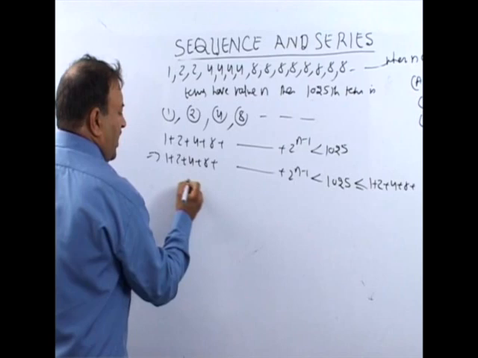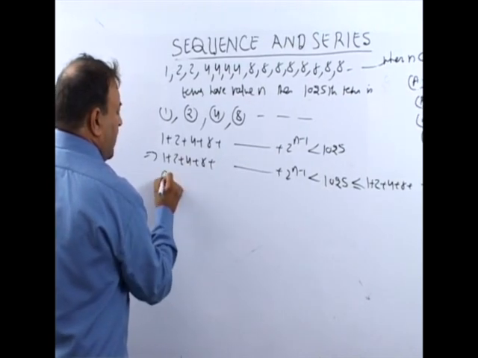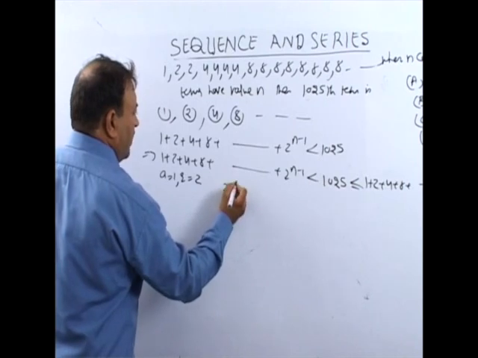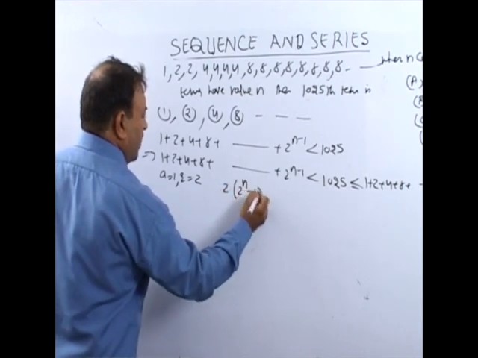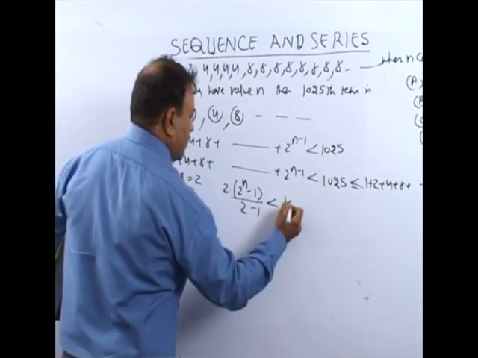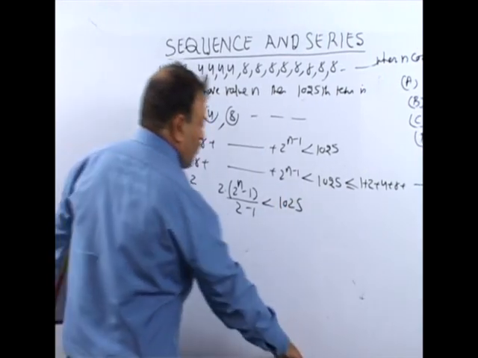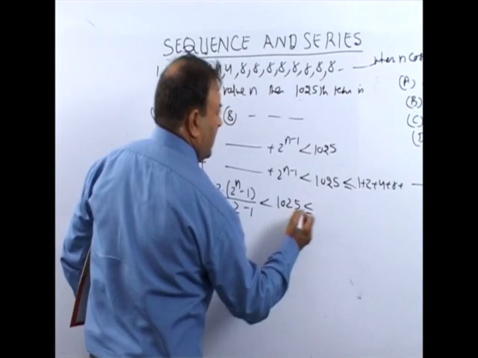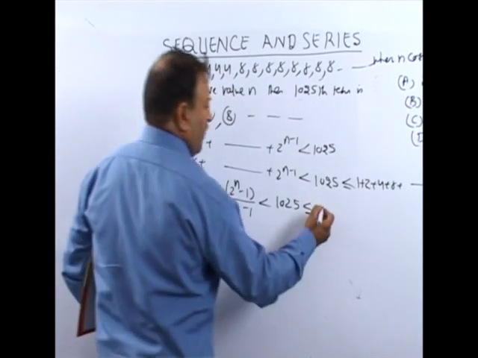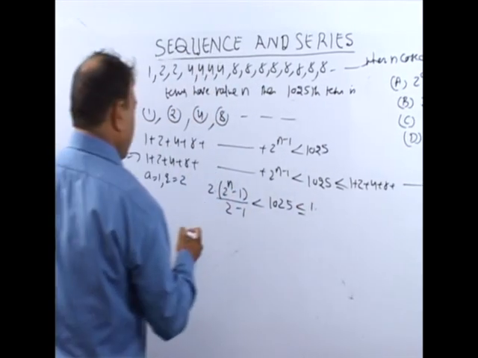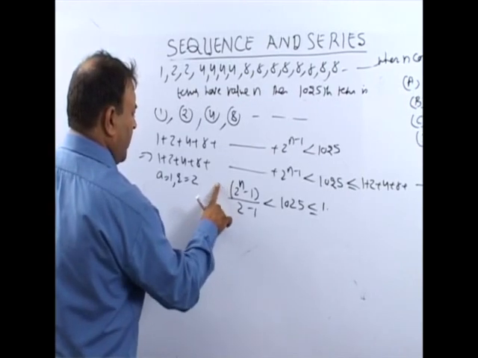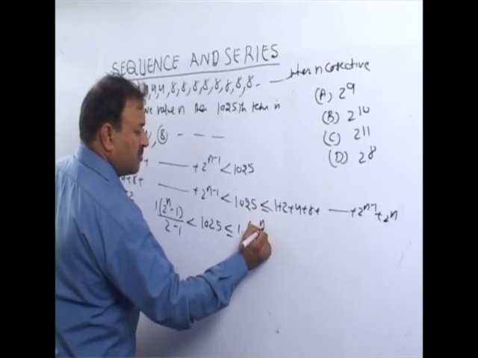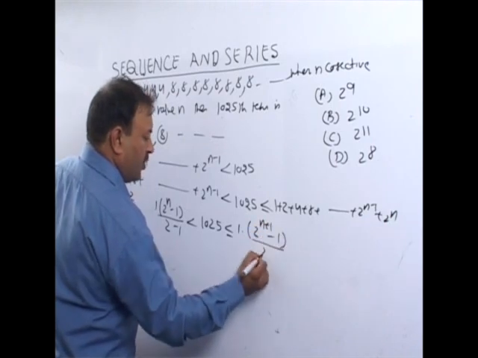What will come in this? This is a GP, the first term A is 1, and the common ratio is 2. It comes out to be 1 into 2 to the power n plus 1, number of terms being n plus 1, minus 1, upon 2 minus 1.